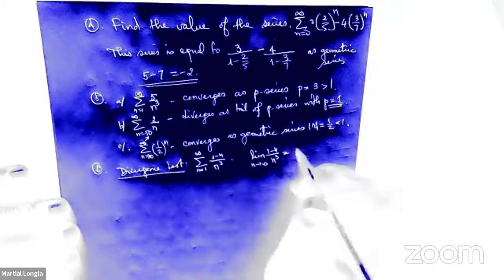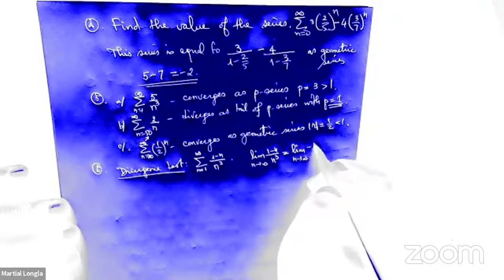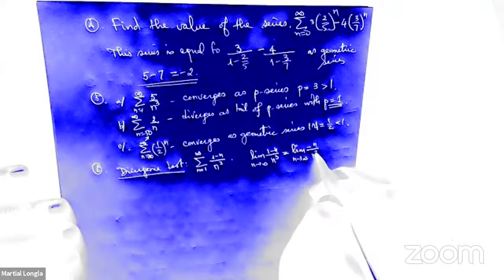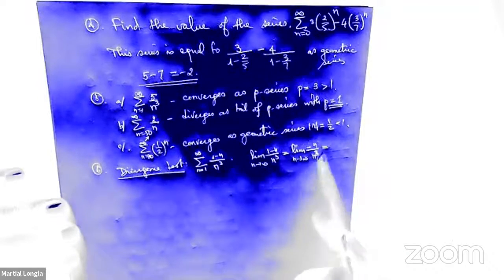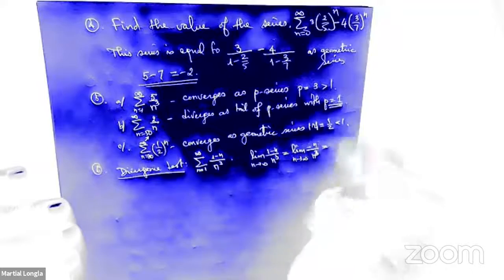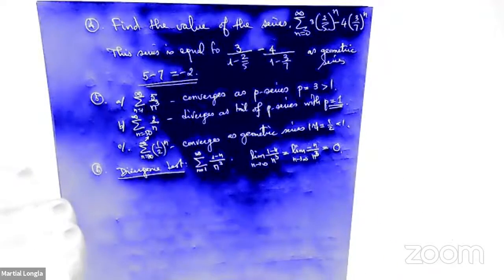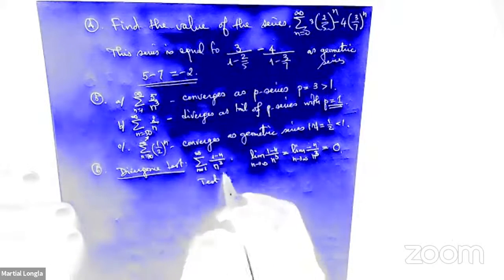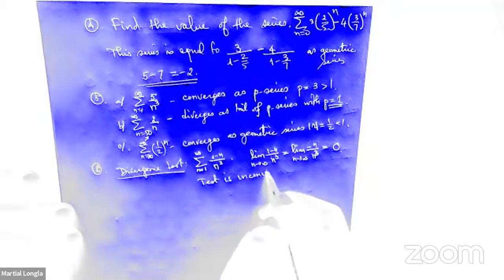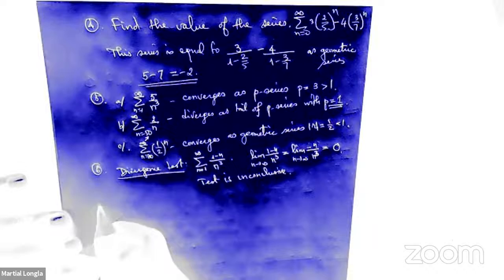This limit is the limit as n goes to infinity of minus n over n cubed. And usually in calculus, what we say is the power of the top is lower than the power of the bottom. So this is going to be equal to 0. So the limit being 0, the test is inconclusive. That's all you need to do in the question, nothing else.